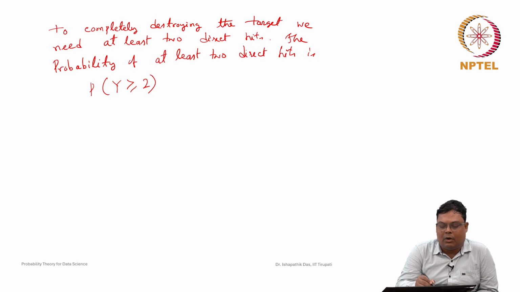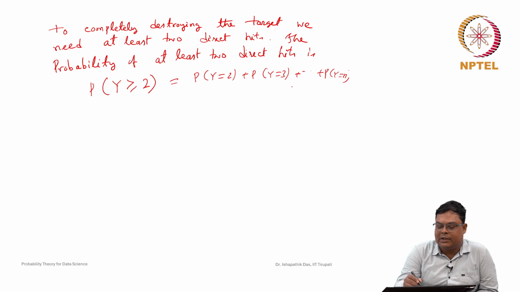Y is the random variable, how many bombs strike out of n bombs. So, at least 2 means it may be 2, it may be 3. Because we do not know n, it is the probability that Y is equal to 2 plus the probability that Y is equal to 3 plus ... plus the probability that Y is equal to n.